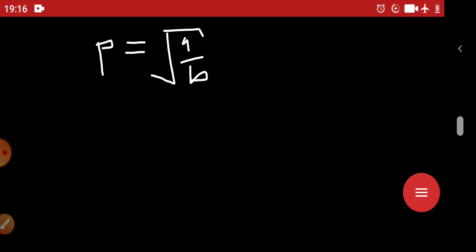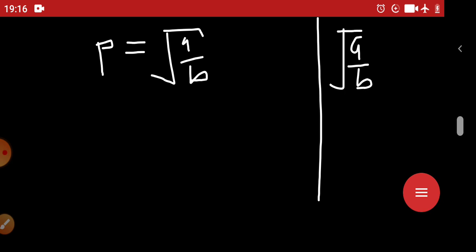There are many ways of doing this. I hope you know this rule now: the square root of A over B is the same thing as taking the square root of A, then dividing by the square root of B. I hope you know that.